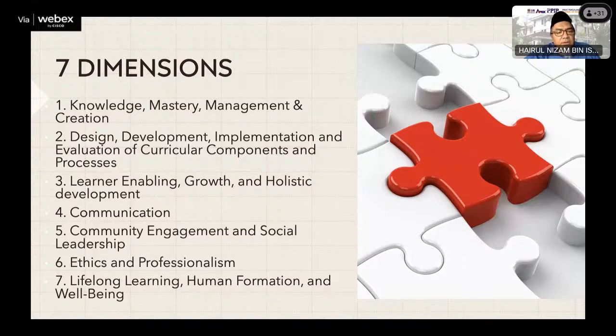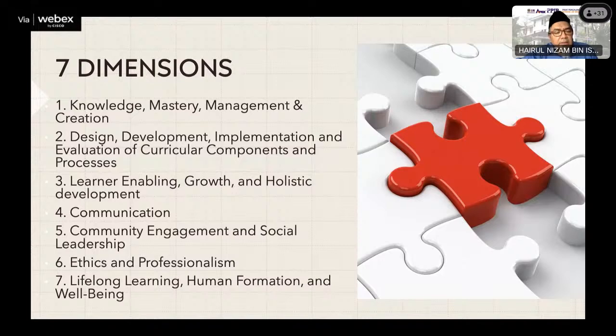The first one is knowledge mastery, management, and creation. The second dimension that the group has agreed to put in the framework is design, development, implementation, and evaluation of curricular components and processes.